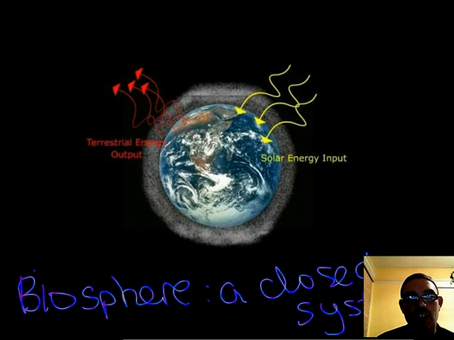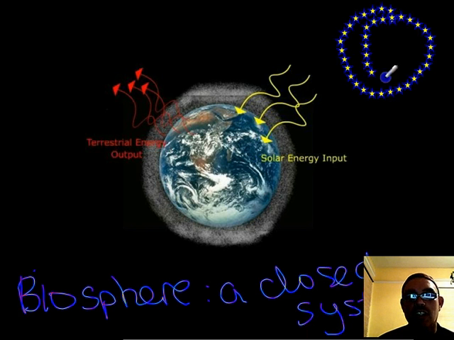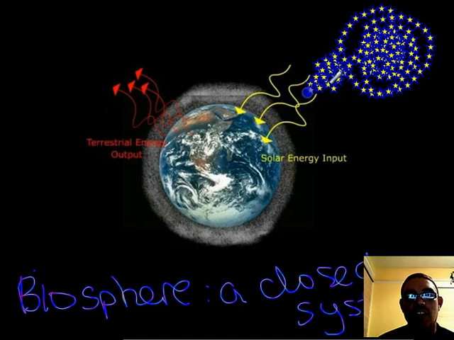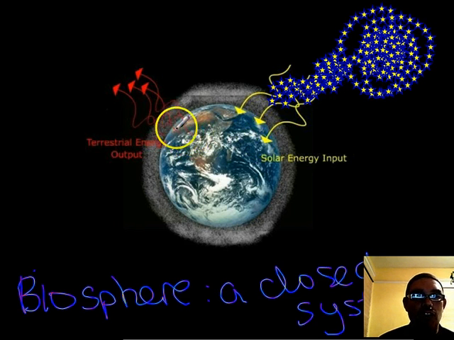And here, of course, a familiar idea. The entire biosphere is a closed system. You can imagine the sun providing constant energy input because it needs to replace all of that energy that's being dissipated on Earth and escaping past the atmosphere into space.